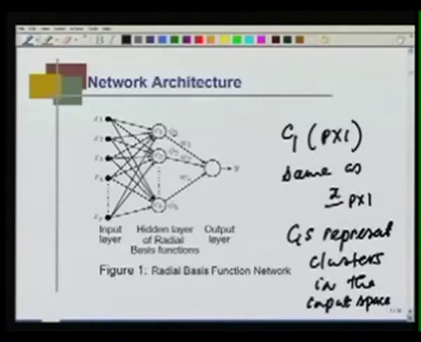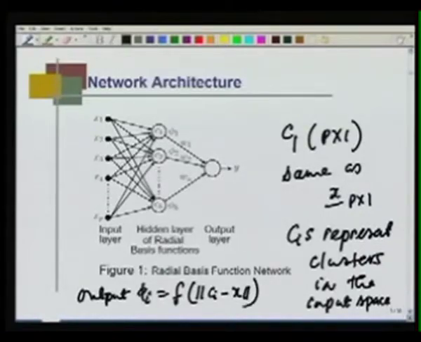The output of each center is phi i. The output phi i is a function of the Euclidean distance between Ci and x. So you can say that the computational unit now has a different function than in the multi-layer network.